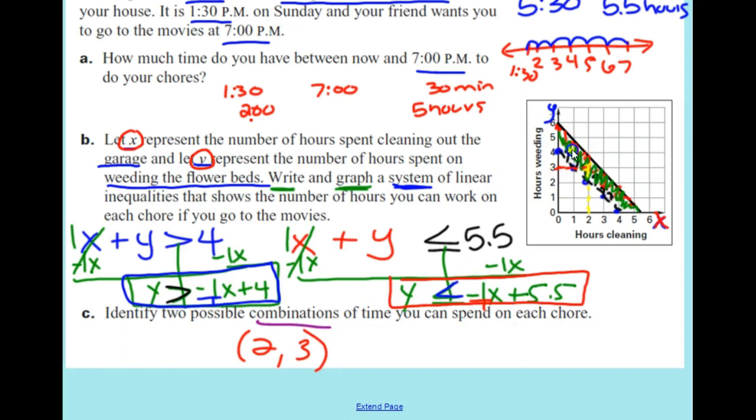You can pick any other points in here as well. You could spend 1 hour cleaning and 4 hours weeding. There are a bunch of other combinations you could list as well. Yes, you can list on this line, but you cannot on this line because this was a dashed line and this top one was solid.